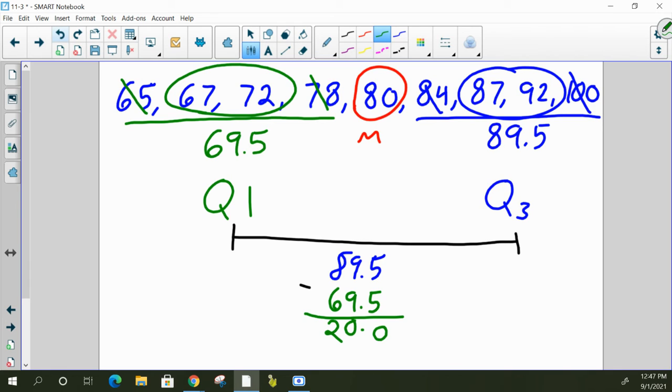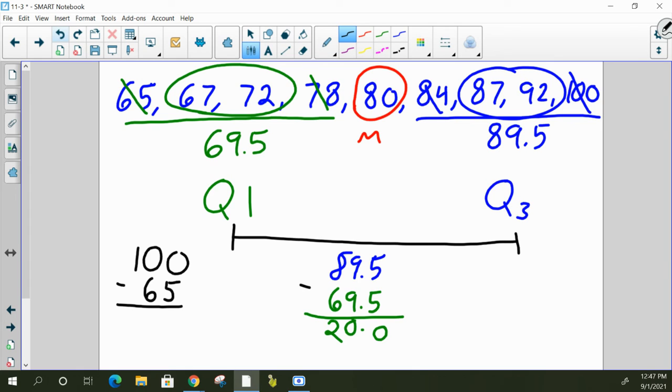Yep, that's it. Subtract number 3 and number 1. Okay, now let's find the actual range of the whole data set, because it's basically the same thing, just with our biggest and smallest numbers. So what's our biggest number in this data set? 100. What's our smallest number? So now it's just 100 minus 65 to find the range of the whole set.